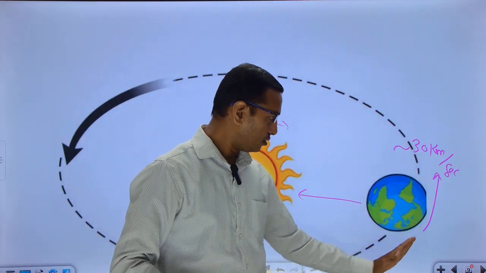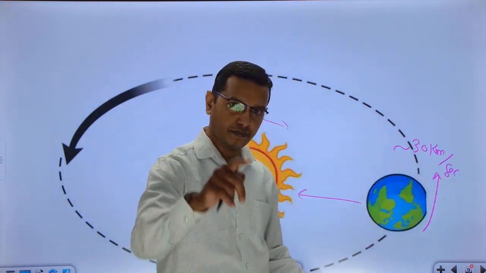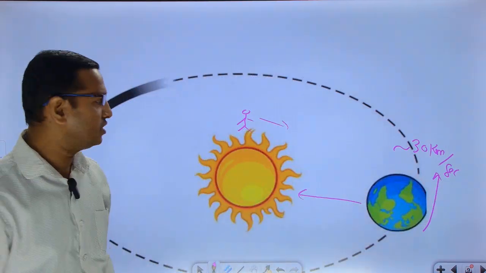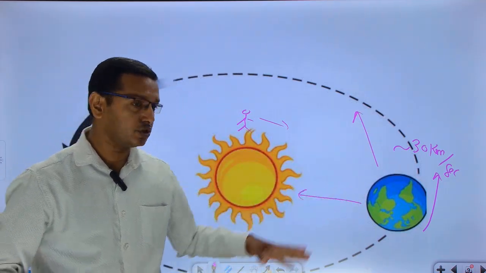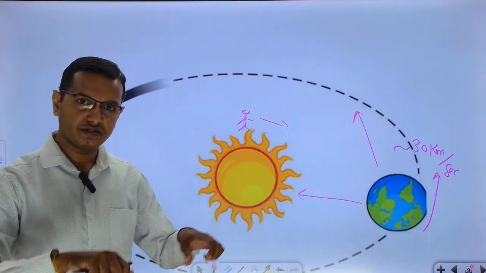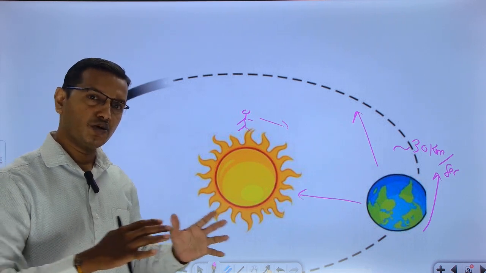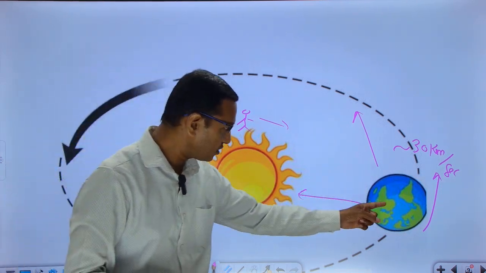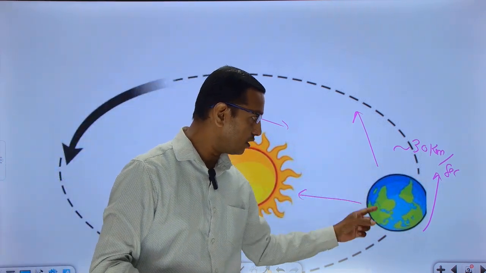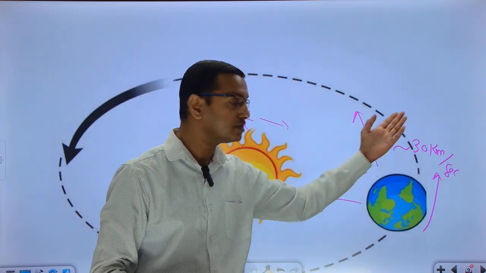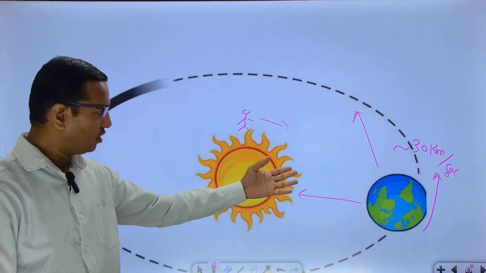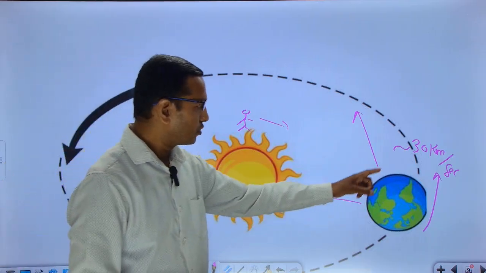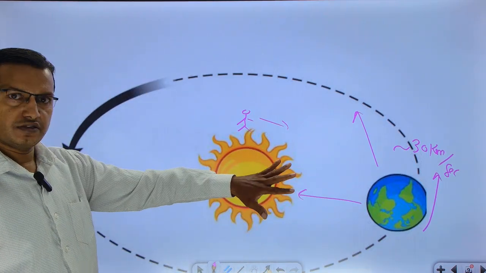Now the interesting question in physics is: am I feeling that the earth is moving? If you're sitting on a bike, you will feel that you are moving. But all the objects on the earth don't feel as if the earth is moving. Why? We'll discuss this concept later.